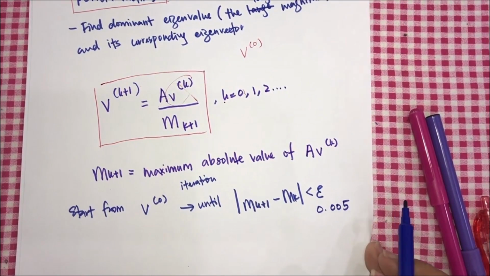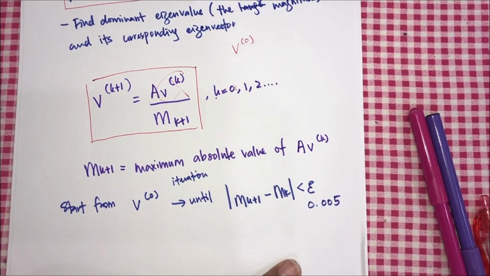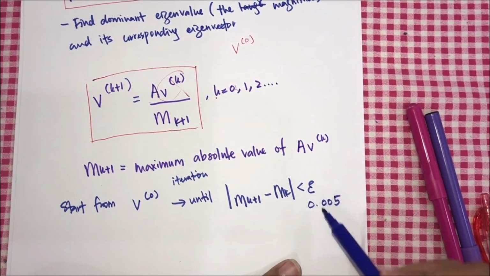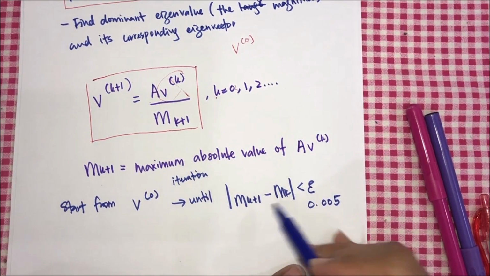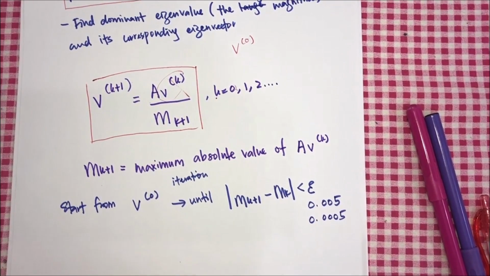If you are solving using 4 decimal places, the modulus of m k plus 1 minus m k has to be less than 0.0005.